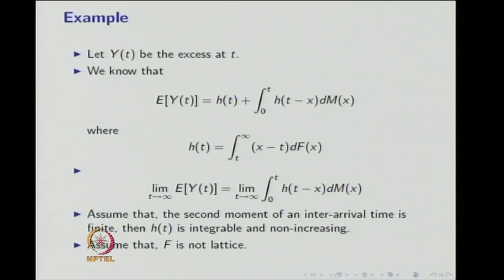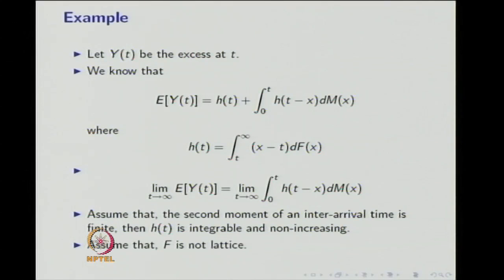Let Y(t) be the excess at time t, and we know that the expectation of the excess is nothing but h of t plus the integral from 0 to t of h of (t minus x) with respect to the renewal function, where h of t is nothing but the integral from t to infinity of (x minus t) with respect to the distribution function F. Therefore, the limit as t tends to infinity of the expected excess will be the limit of the integral from 0 to t of h of (t minus x) dM(x), since the first term will be 0 as t tends to infinity.